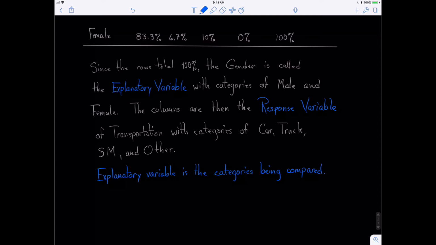So you can see that we're comparing the gender, in this case, males to females.